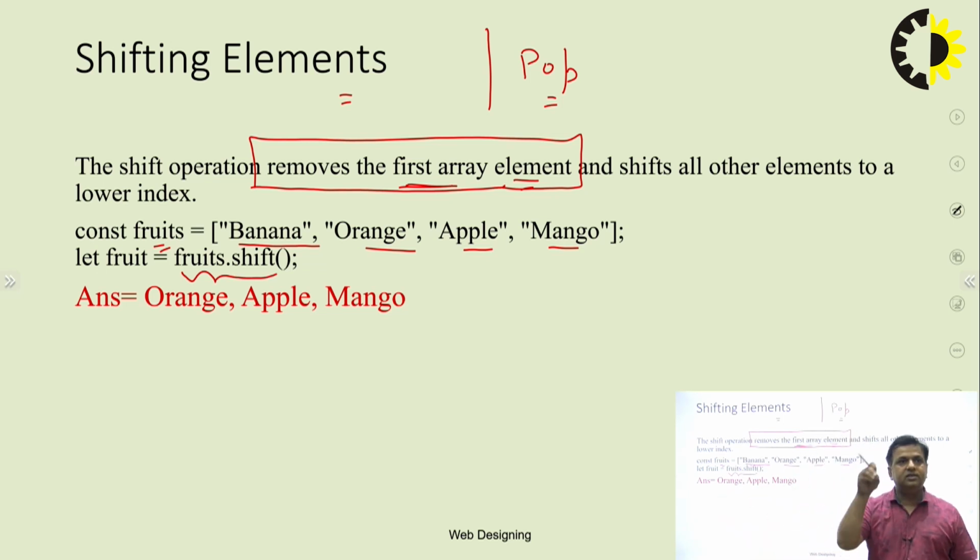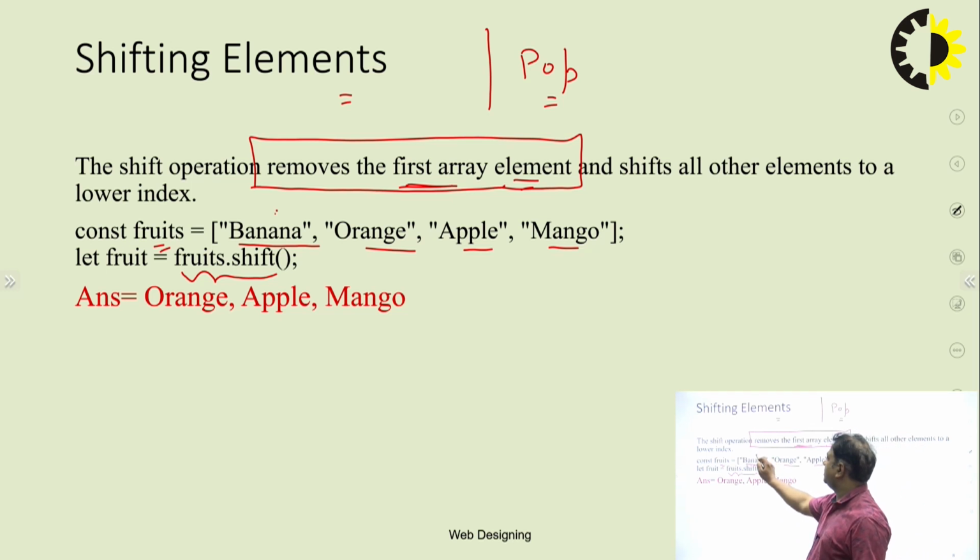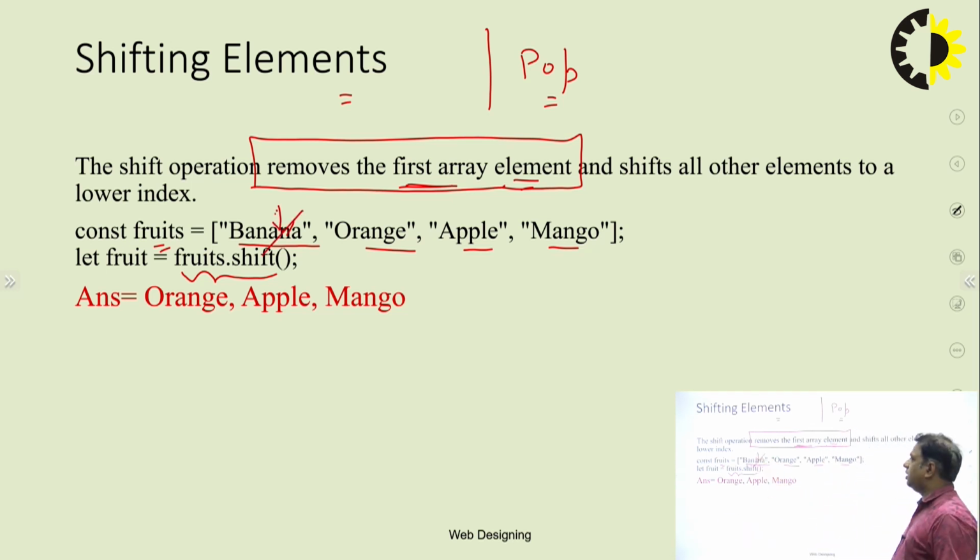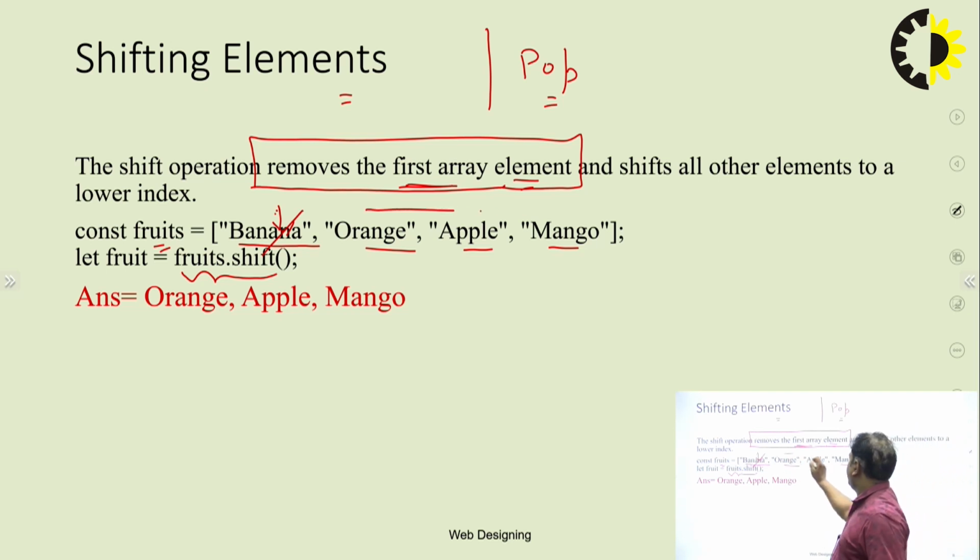A shift operation has been performed on the array fruits. The shift definition says remove the first element of the array. What is the first element of this array? That is banana. So this will remove the first element, and the output will be the rest of the elements, that is orange, apple and mango.